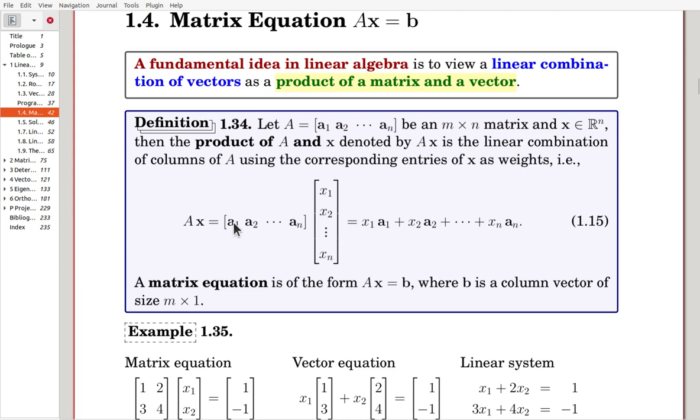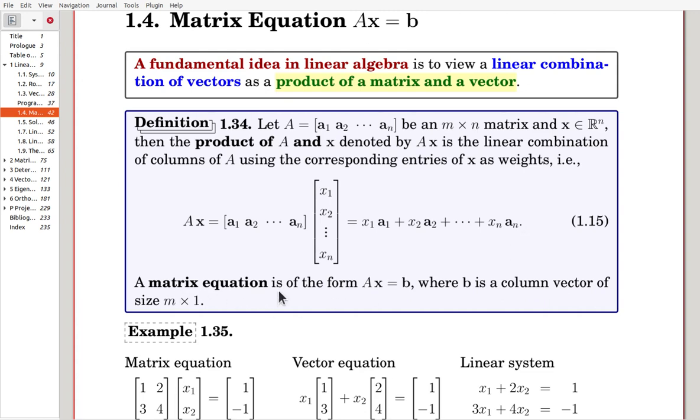Let's see this equation. AX, a matrix-vector multiplication product, can be written along with detailed columns and the entries of X. So we can write this as a linear combination.